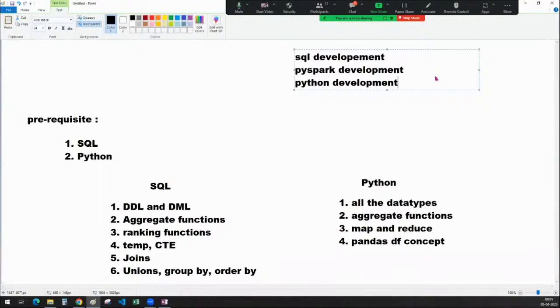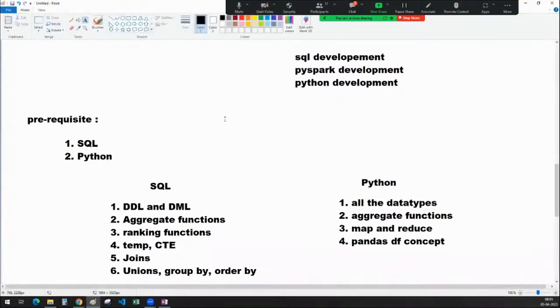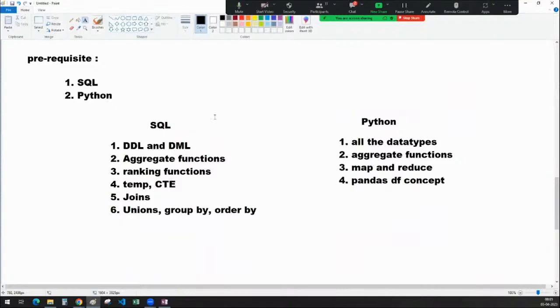As a data engineer, if you work for the next 2-3 years, you will be able to easily enter into data scientist roles, or you can also go for machine learning roles, because they are linked to one another. So this is the prerequisite that I would expect from you guys.